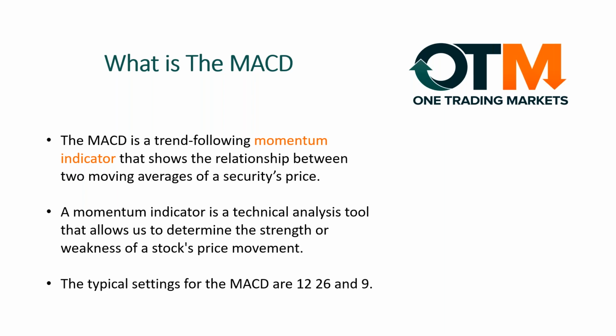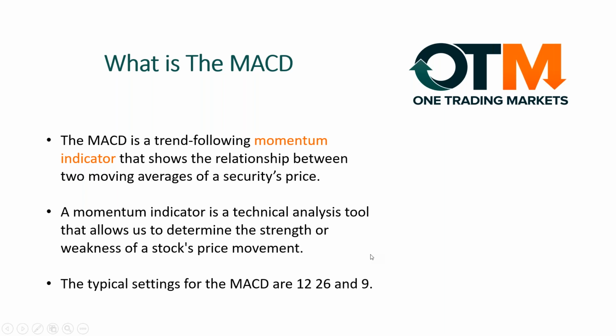A momentum indicator is a technical analysis tool that allows us to determine the strength or weakness of a stock price movement. So the MACD shows us the strength of the movement. Let's say a market is moving bullish, so it's moving upward and gaining more momentum. The MACD shows us that the market is gaining more momentum, which will cause the price of the stock, for example, to gain even more value.